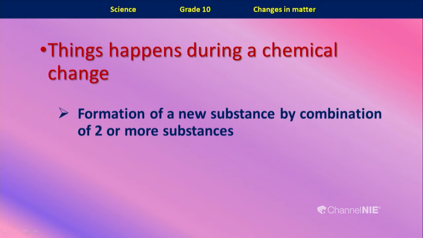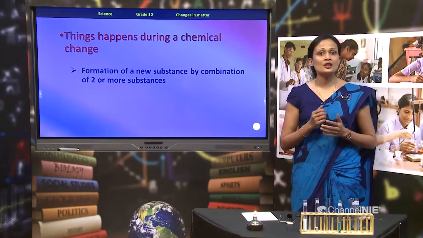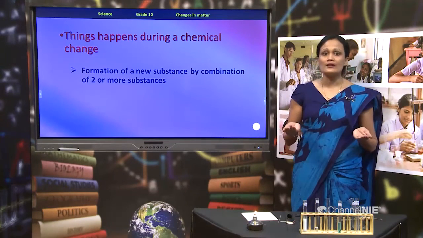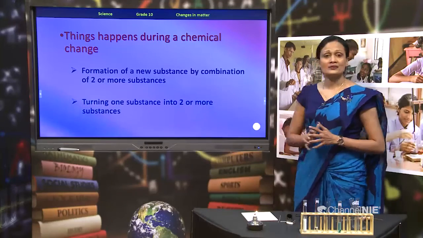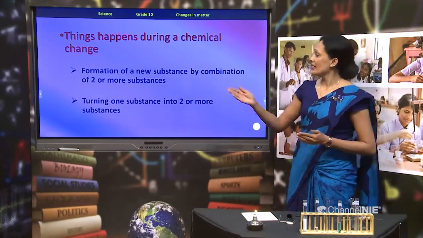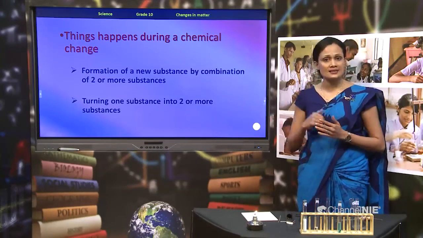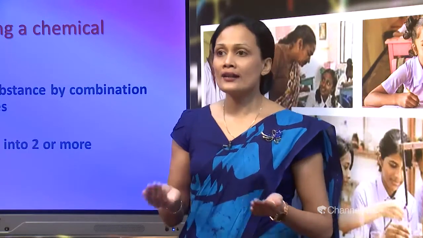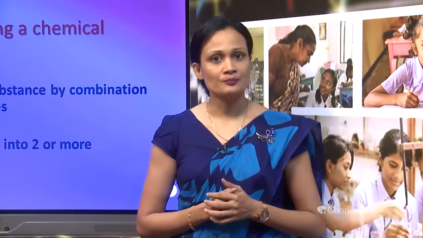Think about heating of potassium permanganate. In there, what happened? A single compound turned into different products. That's why in chemical changes, one substance turns into two or more substances. So likewise, chemical changes occur in nature.